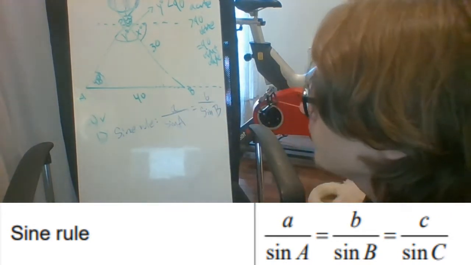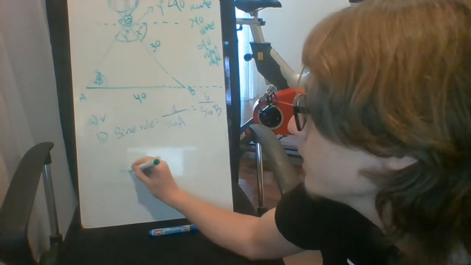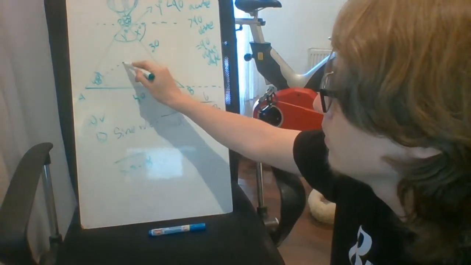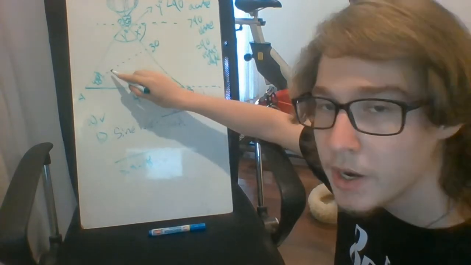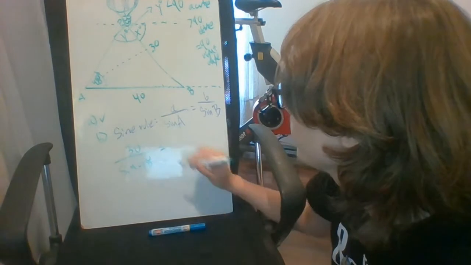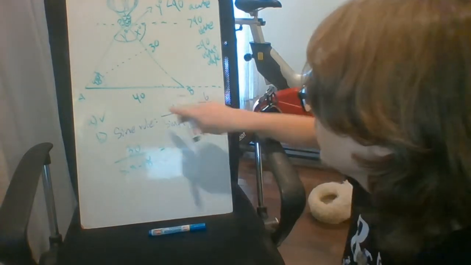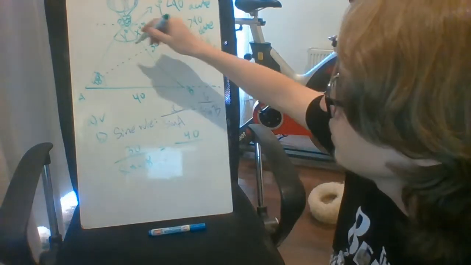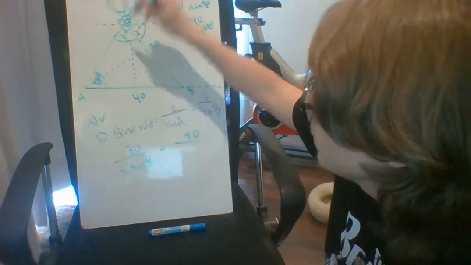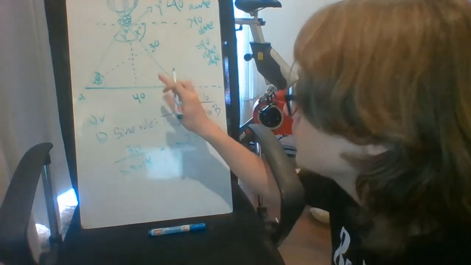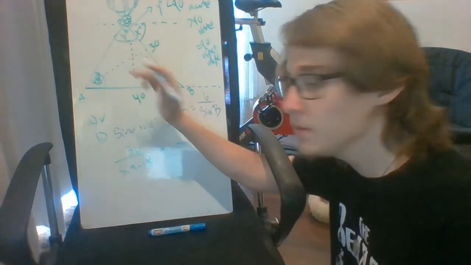So we have that for the angle 48, its pair is going to be the distance 30. And for the distance 40, its pair is going to be the angle we're looking for, right? APB, which I denominated y.